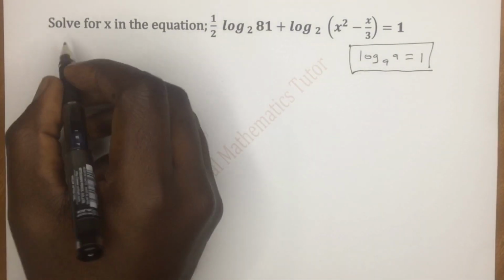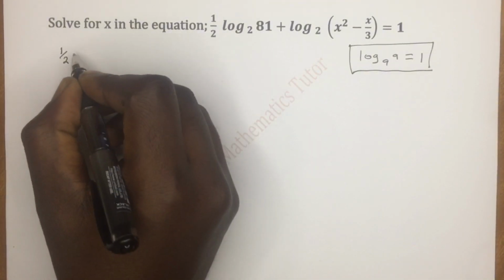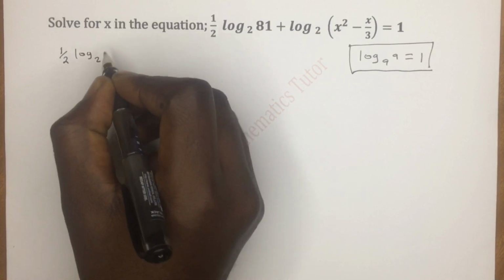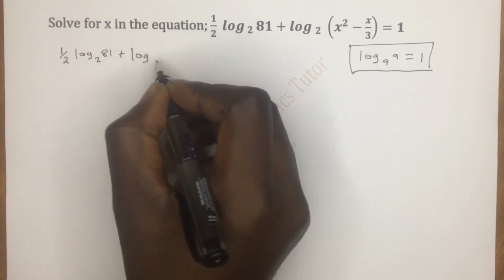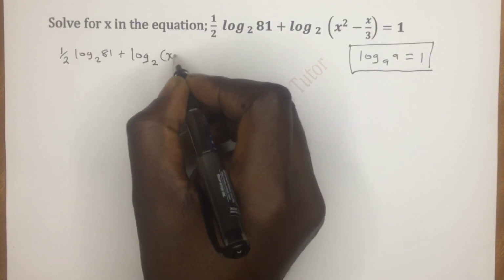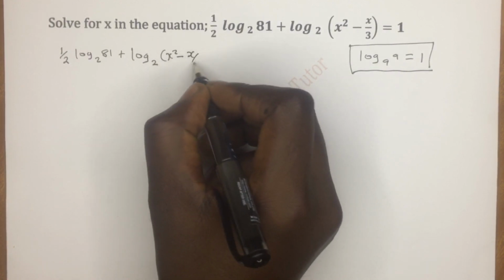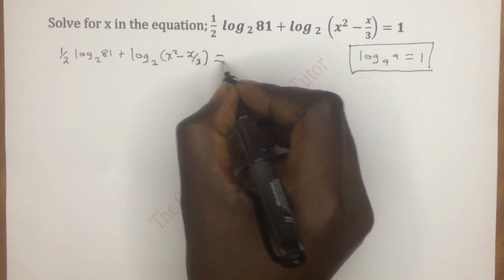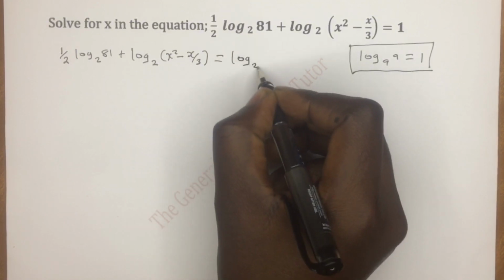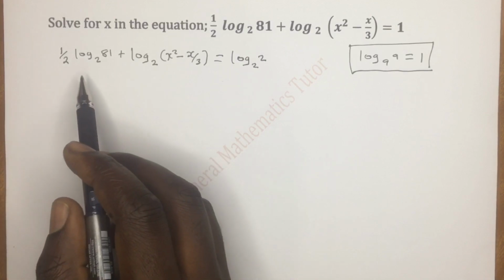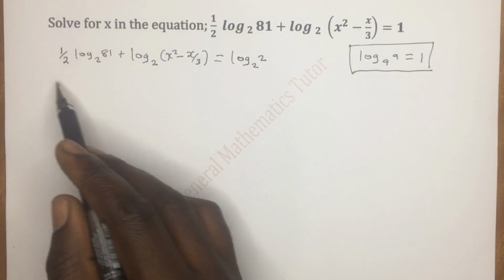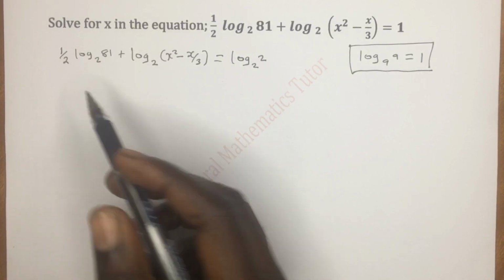So you can write the equation as 1 over 2 log to base 2 of 81 plus log to base 2 of (x squared minus x over 3) is equal to log to base 2 of 2. From there, we can apply the third law of logarithms to the first term.